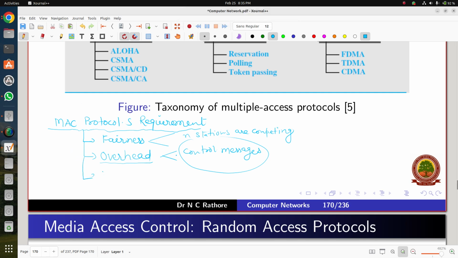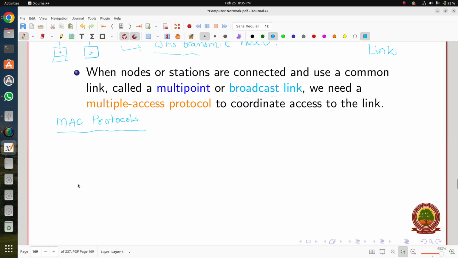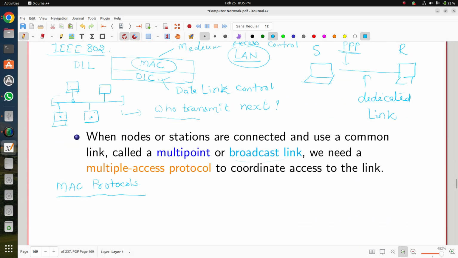Then there may be channel access delay. Channel access delay means, obviously, that these parties are competing, so they will communicate with each other to decide who will transmit, or the protocol will govern who will transmit next.